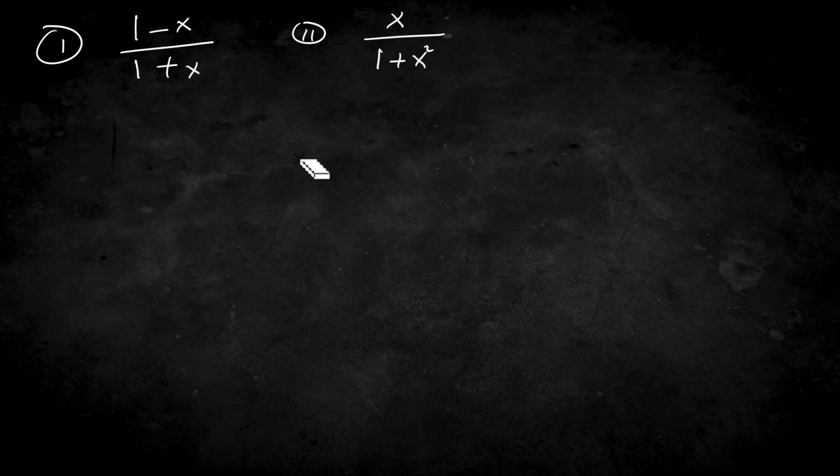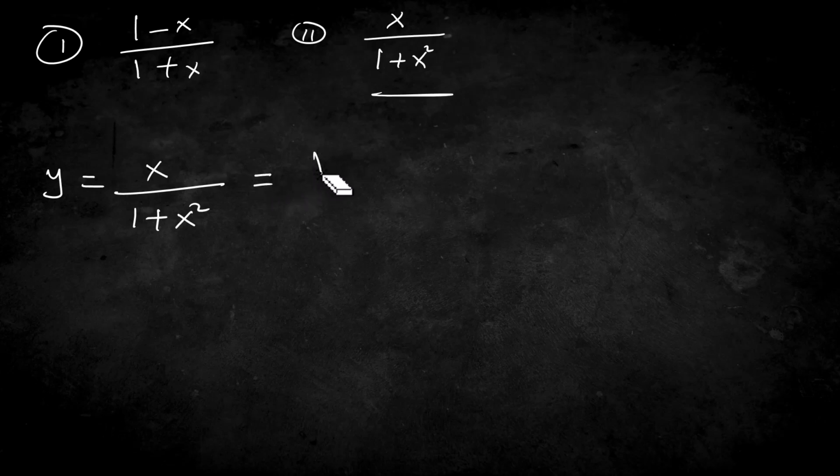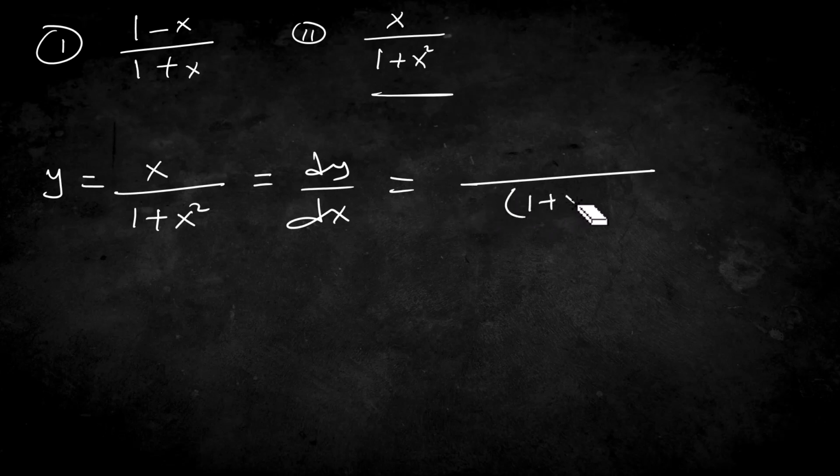Now let's look at the last example here. So y equals x on 1 plus x squared. Find dy/dx. So we will square everything, the down one, 1 plus x squared. Then we have it here. Let's differentiate the top one, 1, minus, keep the top one and differentiate the down one.